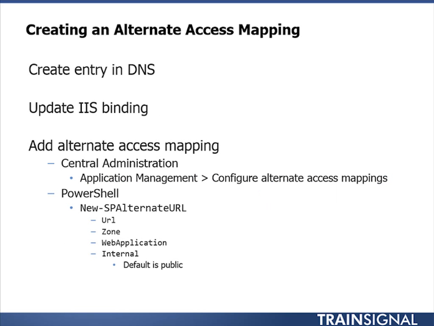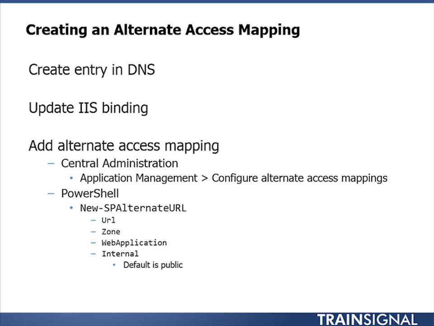Now, to set up my alternate access mapping, you're going to notice that the steps are very similar to setting up a host header. What I need to do is create the entry inside of DNS. I need to update the IIS bindings.